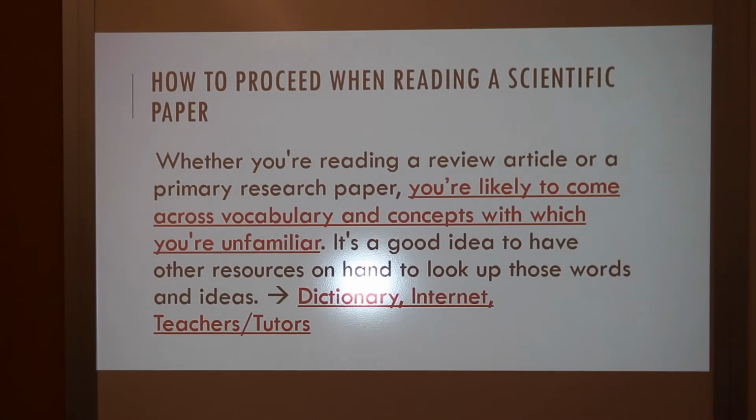Whether you're reading a review article or a primary research paper, you're likely to come across vocabulary and concepts with which you're unfamiliar. It's a good idea to have other resources on hand to look up those words and ideas: dictionary, internet, teachers, dictionary.com, whatever you choose.